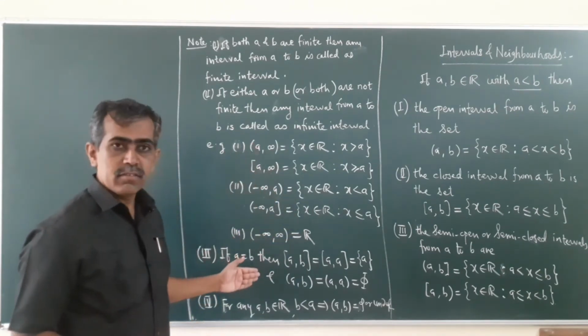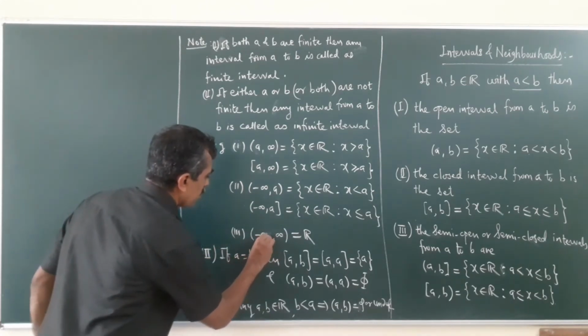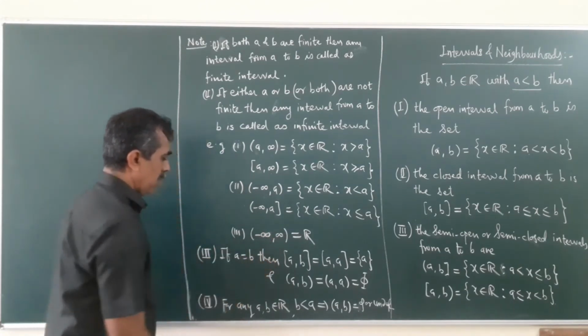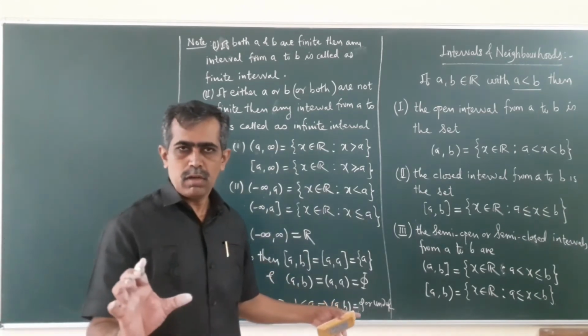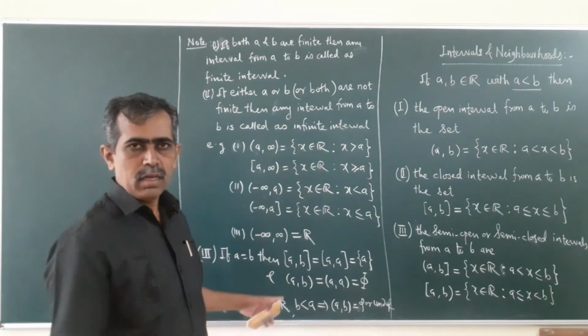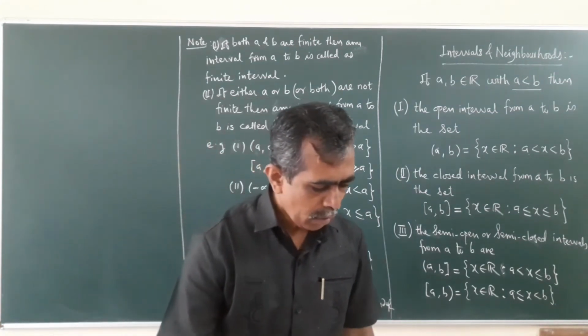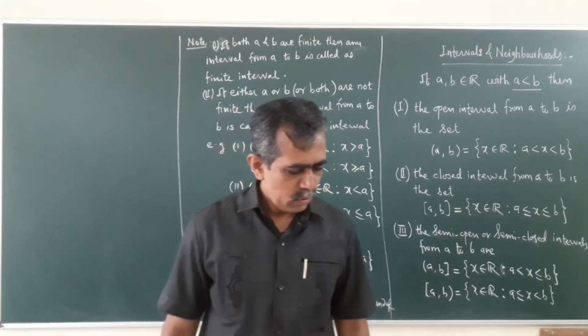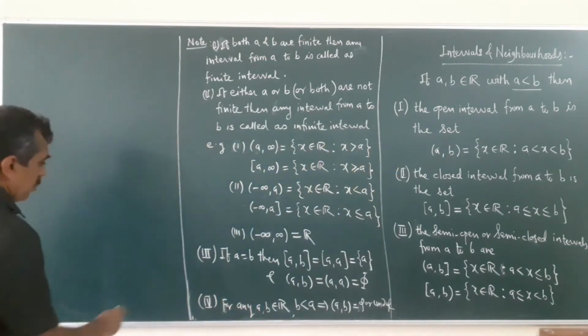For example, these are the infinite intervals. If both the ends are equal, then any closed interval is a singleton set. If both the ends are equal, any open interval is always an empty set.